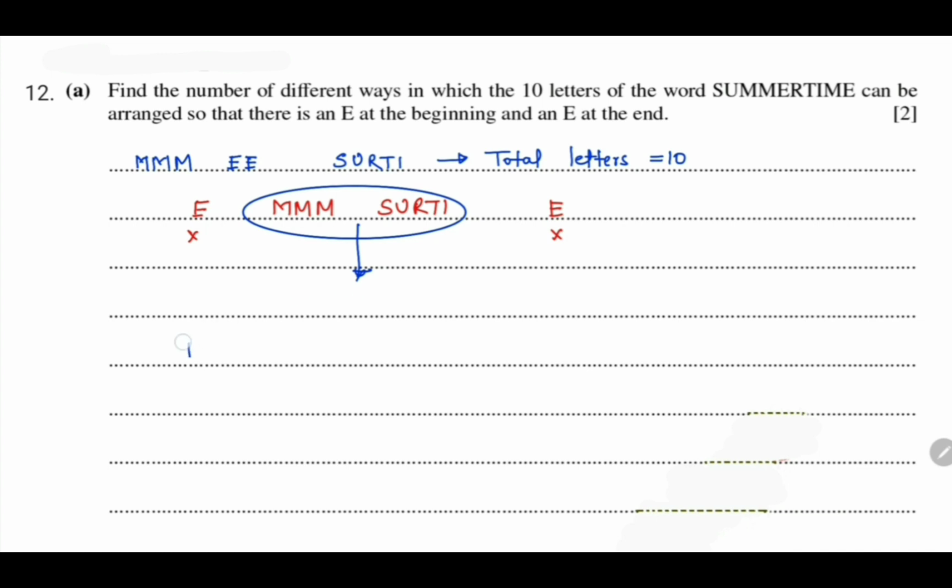So total arrangements will be 8 factorial, excluding 2 E's at the extreme ends, upon 3 M's are identical, therefore 3 factorial. So this was easy. Let's move to the second part, which is interesting.